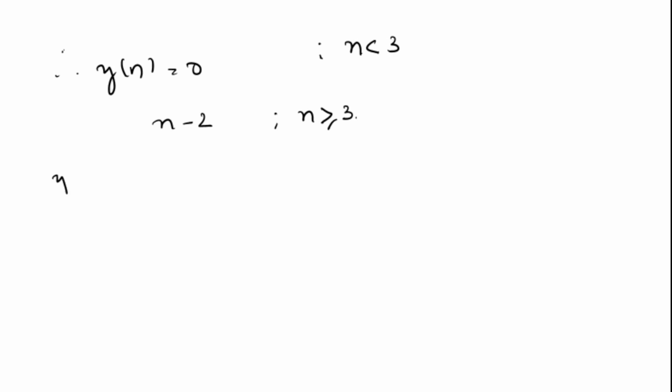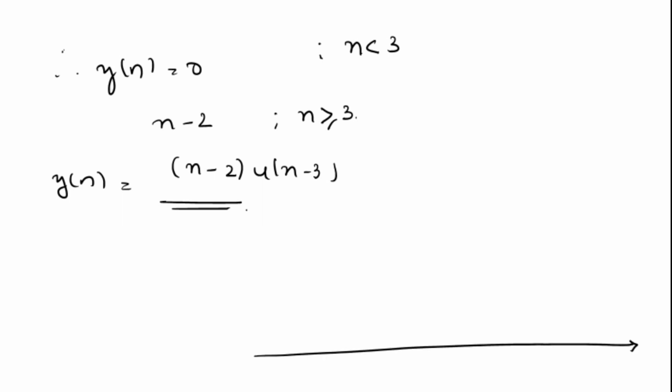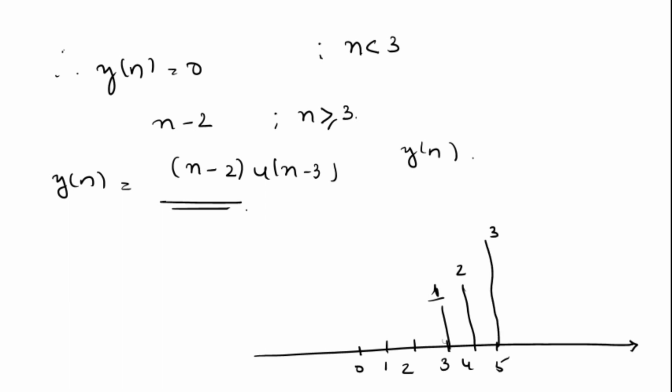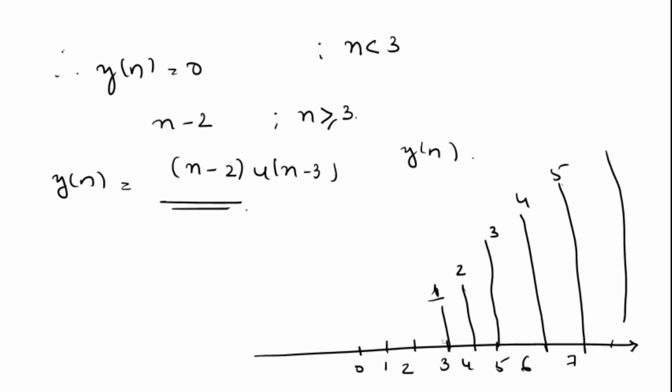Or we can write y of n as n minus 2 into u of n minus 3. Then the final graph will be the signal starts from 3, 4, 5, 6, so on.